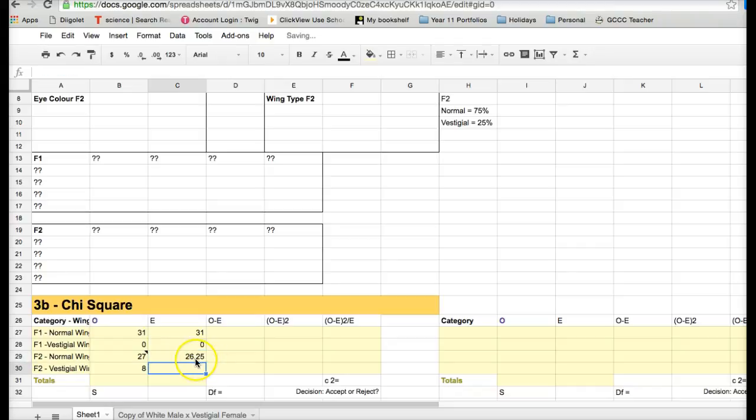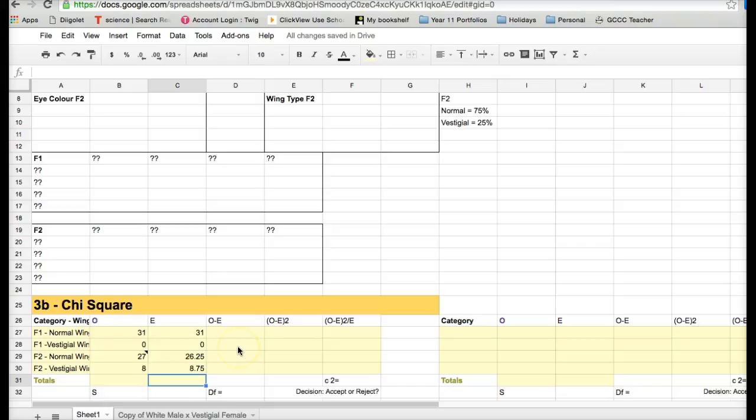I expected 26.25. And here again, for vestigial wing I expected 25%, so 25 out of 100 times 35 flies. I expected them to be vestigial. So I'm a little low on the vestigial and a little high on the normal.